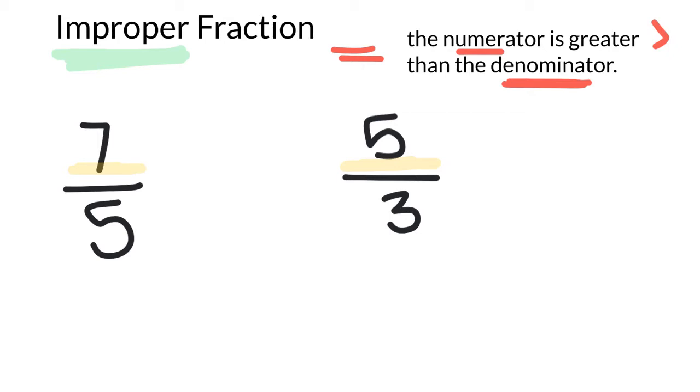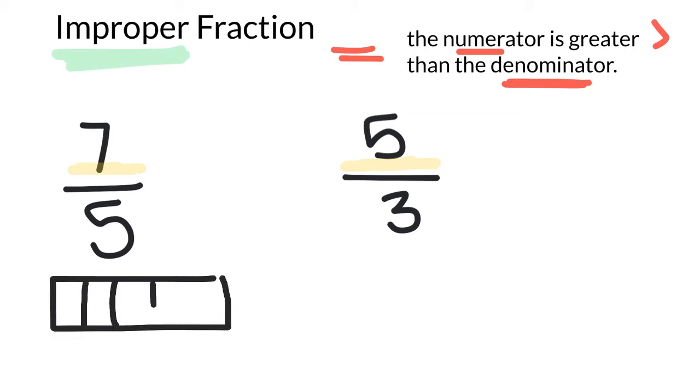So let's first go over to 7/5. I'm going to start, and this time I'm going to use bars for my fractions. I need to draw 7/5. So I'll start with 1 bar and divide it into fifths. 1, 2, 3, 4, 5. And I need to color in 7 of them.